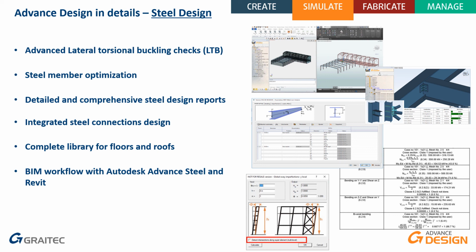We have, for example, some specific commands and features for designing steel structures, such as this advanced lateral torsional buckling check. It's an advanced method based on seven degree of freedom elements with second order warping analysis to design those lateral buckling elements.